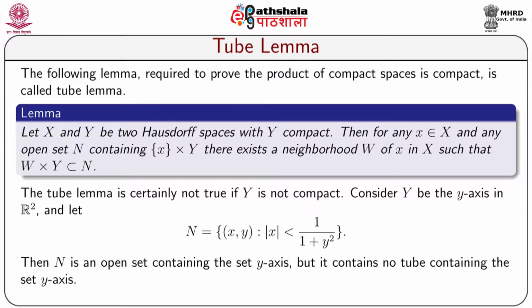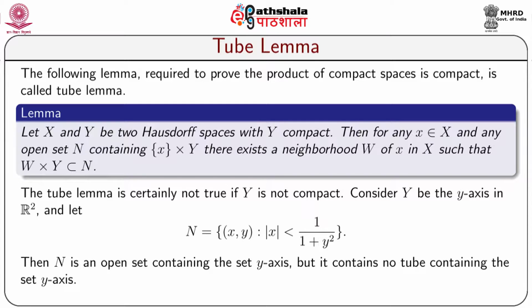For example, the tube lemma is certainly not true if Y is not compact. Let us consider Y to be the y-axis in R2. Since the y-axis is homeomorphic with R and R is not compact, Y is not compact.